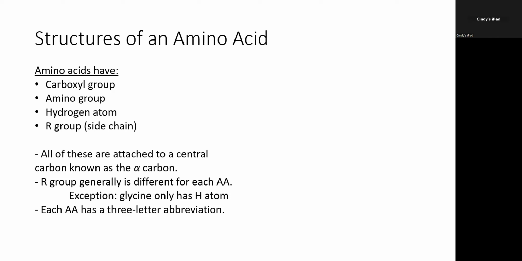And here I'm going to draw out an amino acid known as proline and mark the 4 different components that are listed on this presentation. So proline looks like this. I'll start marking for you.